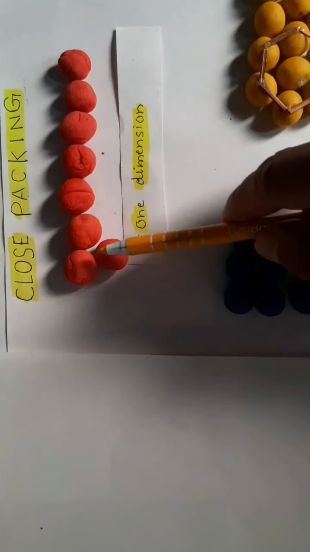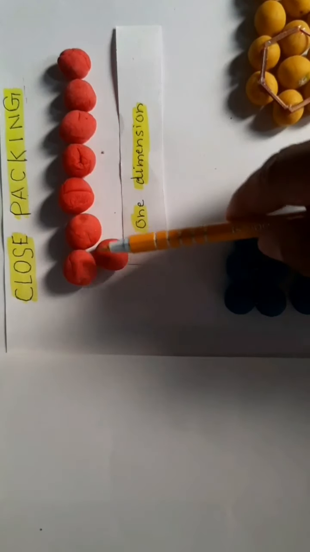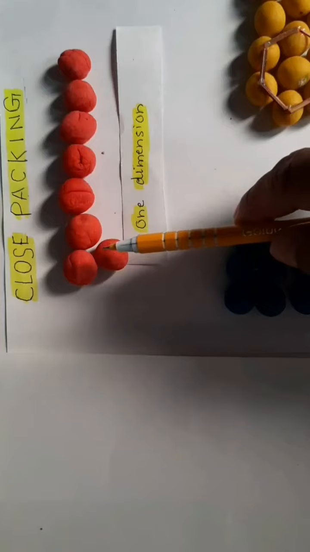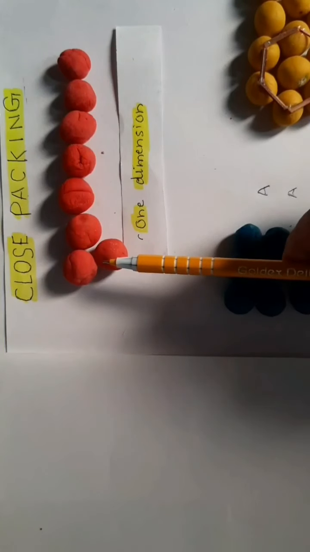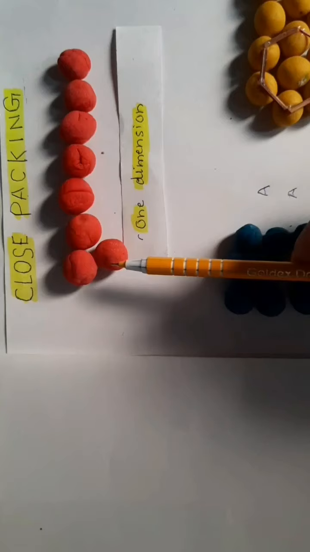If we fit this sphere between the depression created by these two spheres present in the first layer, this type of arrangement is known as staggered arrangement.